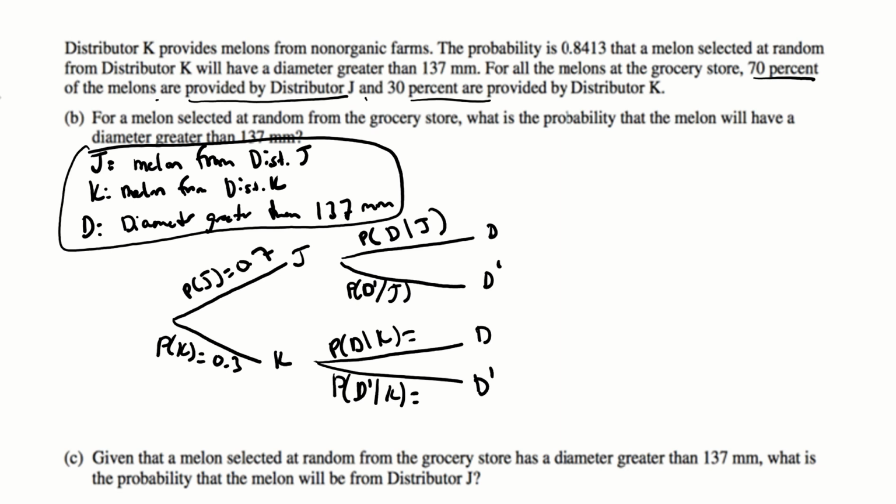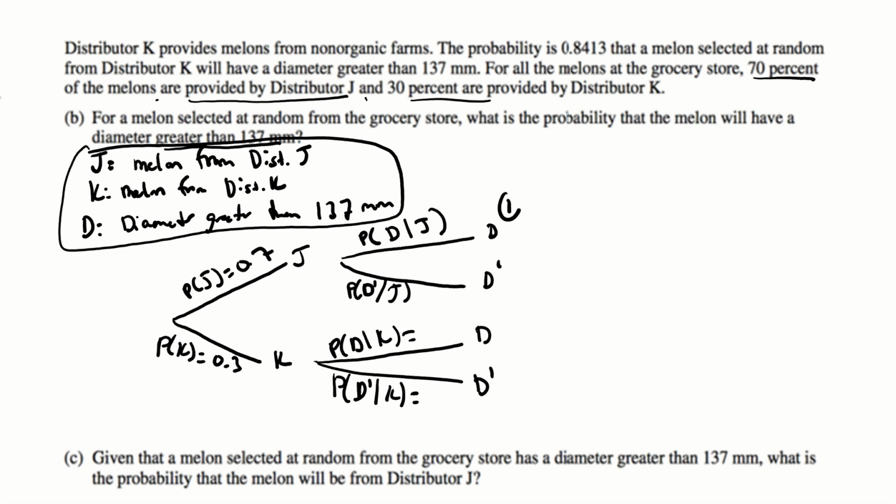All right, now we want basically the probability that that melon will have a diameter greater than 137. So if we want greater than, that means we want these two pathways.